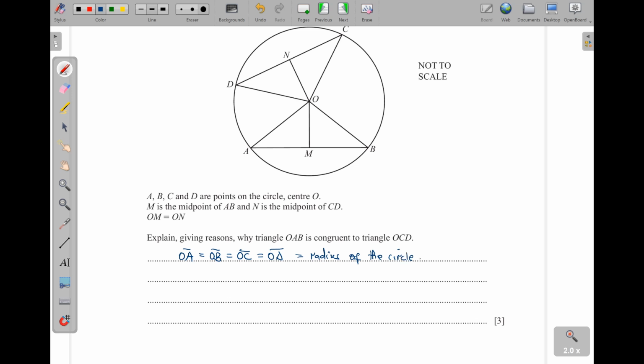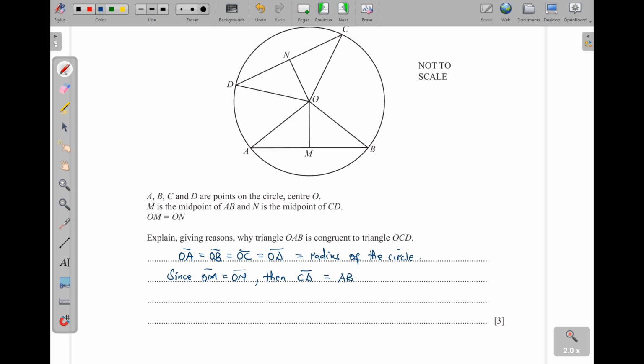Then what else? Since OM is equal to ON, write this, since OM is equal to ON, then CD is equal to AB.